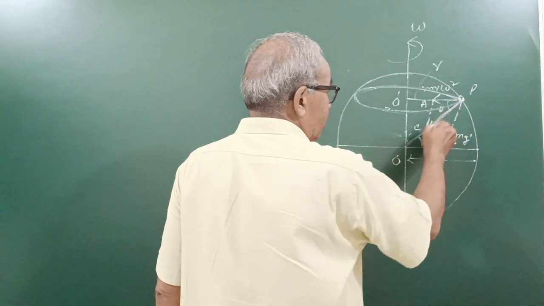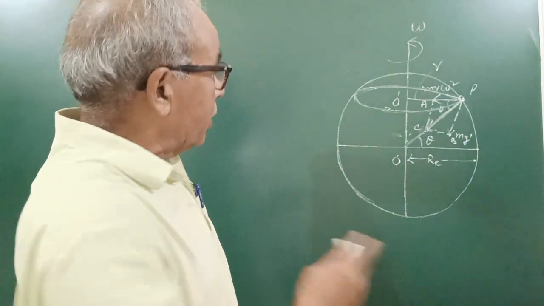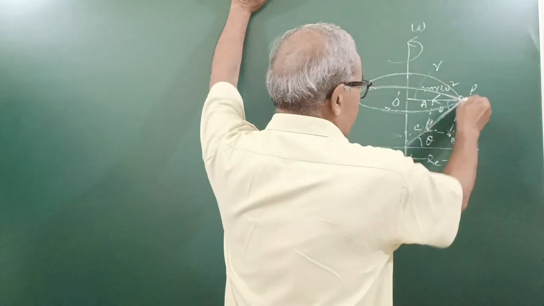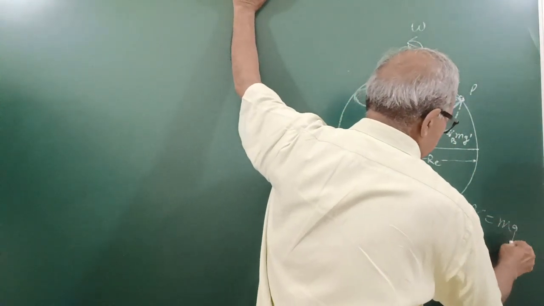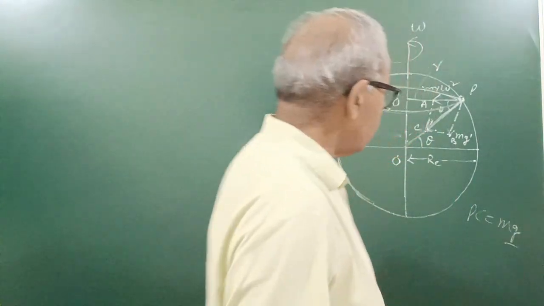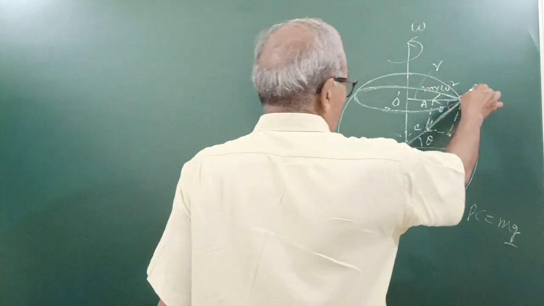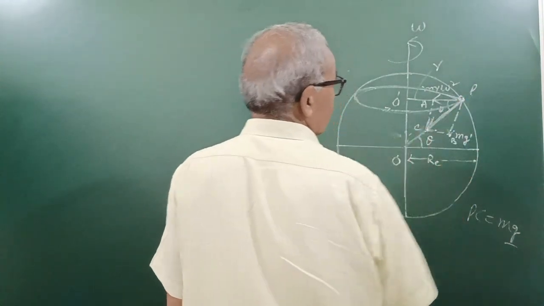Actually, the weight mg, I told you, if Earth is supposed to be a sphere and does not rotate, then this PC represents mg, where g is the acceleration, equal to ma. So it acts along the PO direction. I have represented mg by PC.